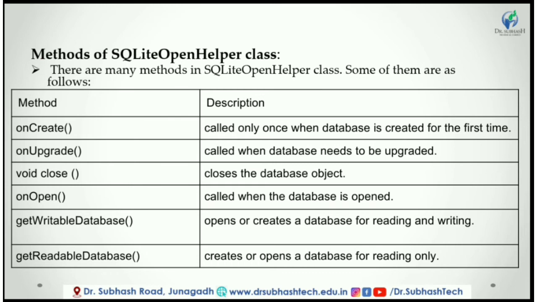To create or upgrade the database, it must be opened in a writable form. Therefore, it is generally good practice to attempt to open a writable database first, falling back to a read-only alternative if it fails.